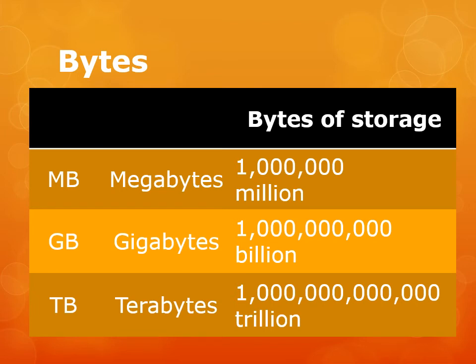And often nowadays we're more likely talking about gigabytes, which are 1 billion bytes, or terabytes, which are a trillion bytes of storage. So this is all those ones and zeros stacked up together so that your computer can understand and you can interface with your computer. So when you're looking at how much storage your computer has, this is how it's measured.